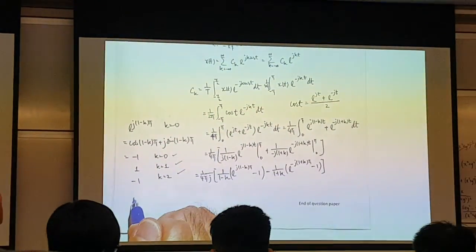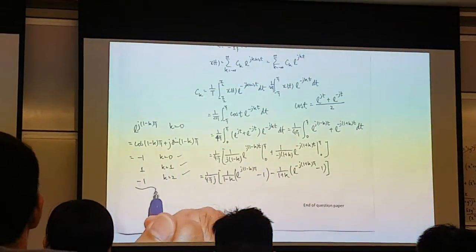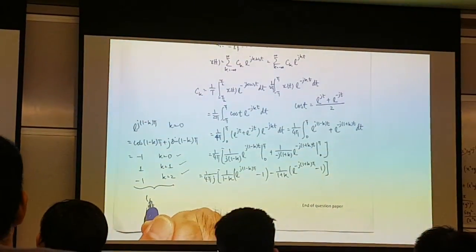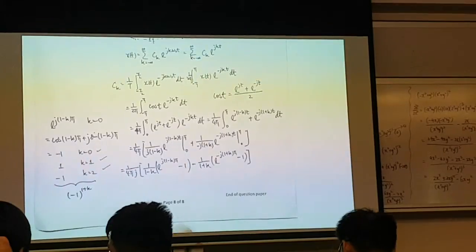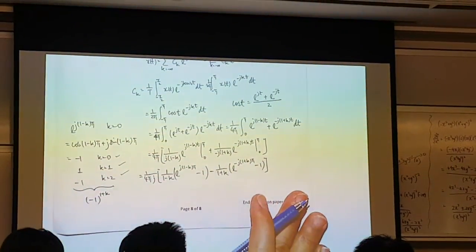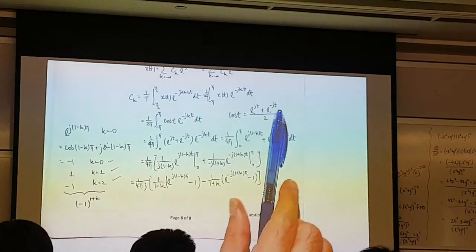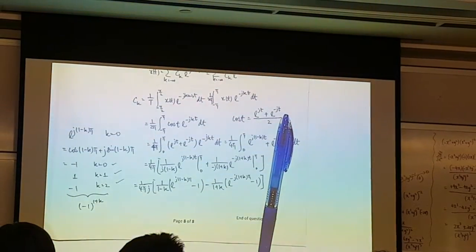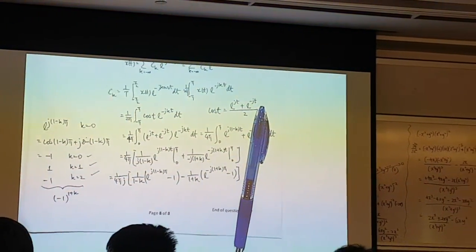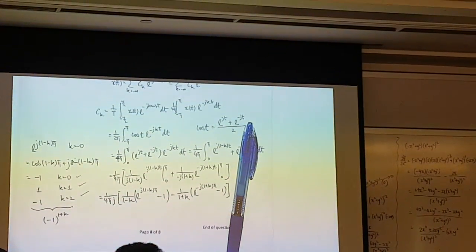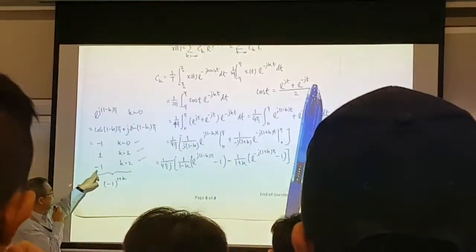If we were to conclude, this will be something that is minus 1 raised to the power of 1 plus k. You need to recognize that because when k is equal to 0, you have minus 1. K is equal to 1, you have 1. K is equal to 2, you have minus 1.